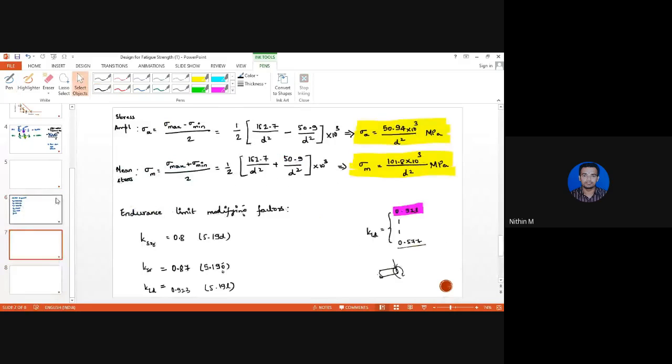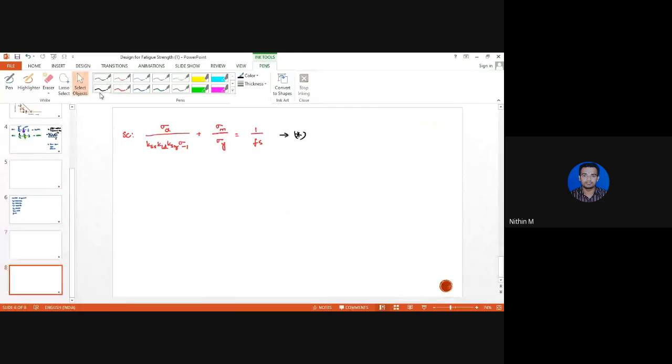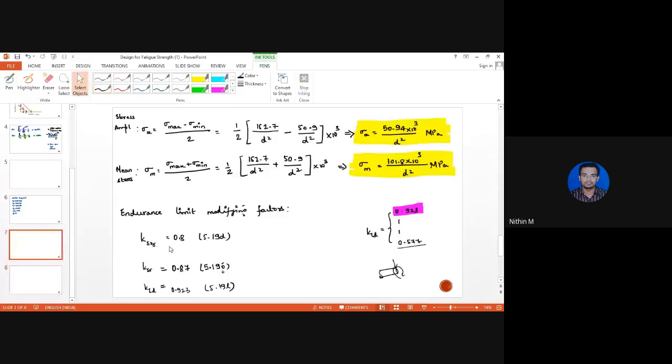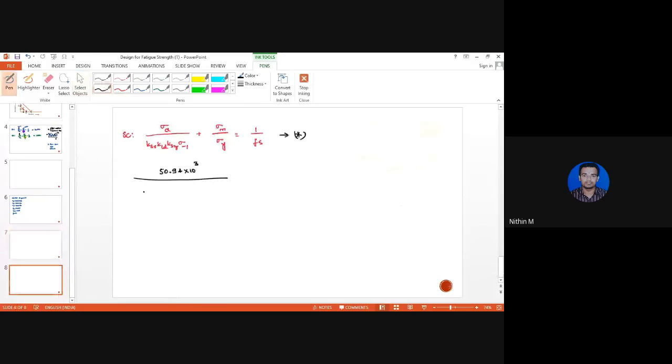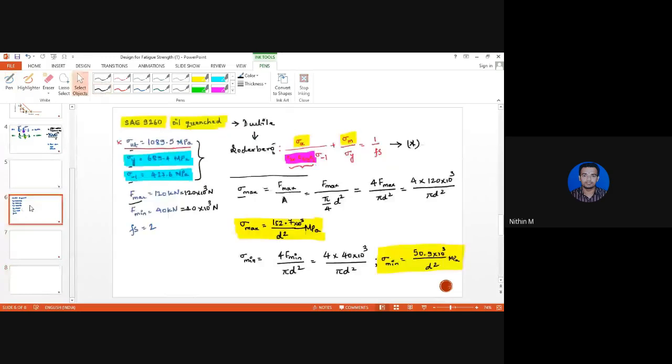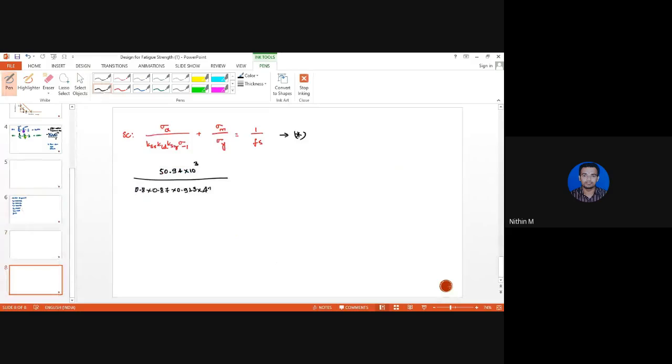Sigma A is 50.94 into 10 to the power of 3 by d square, divided by KSZ 0.8, 0.87, 0.923, into the endurance limit, which was specified as 427.6, divided by d square.